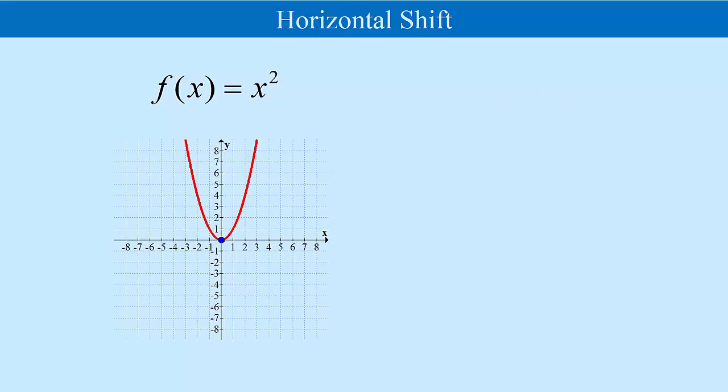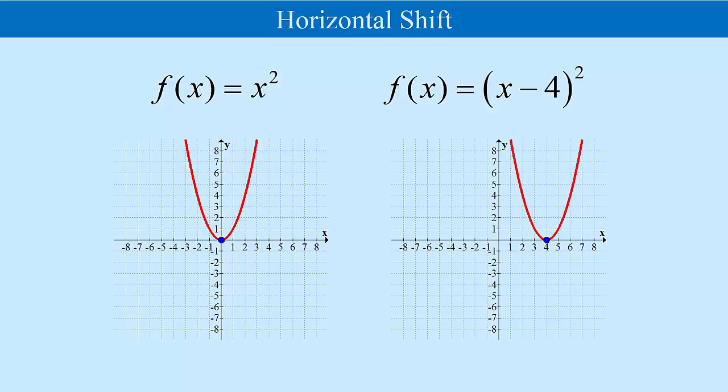Here's another one. This is the graph of x squared. The basic graph is x squared. Here we want to draw the graph of x minus 4, squared. And again, if you take out your calculator and type this, you will get the proper graph. But the graph of x minus 4 in parentheses squared is going to be the same as the graph of x squared, just shifted to the right 4 units. Same graph.